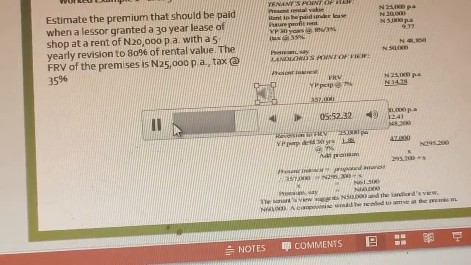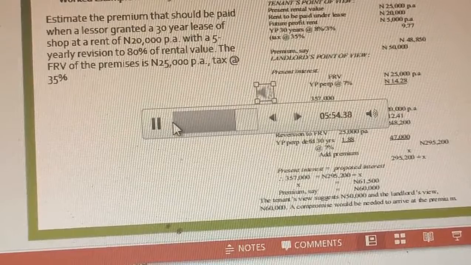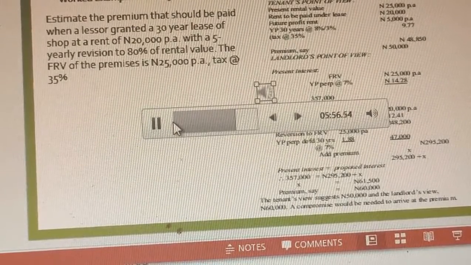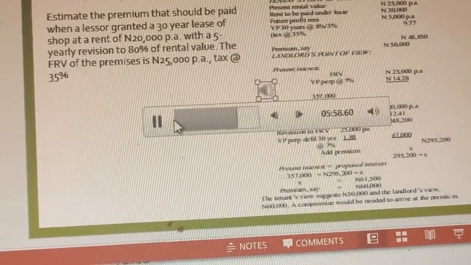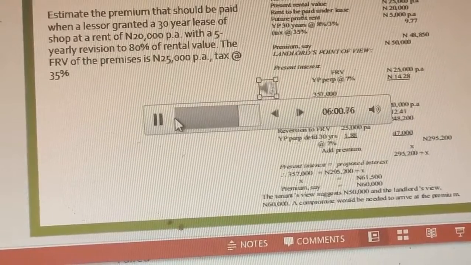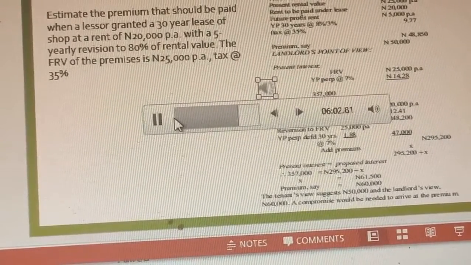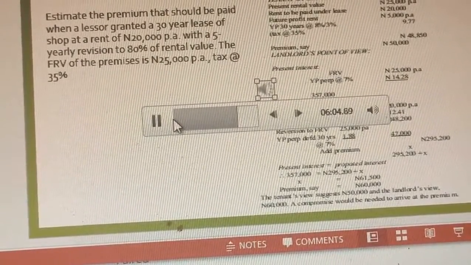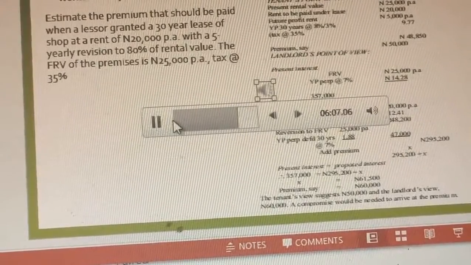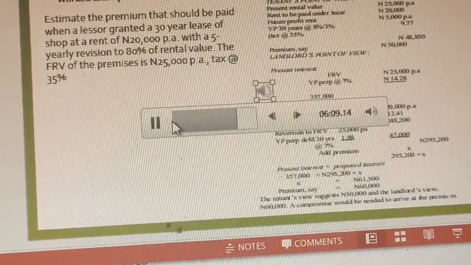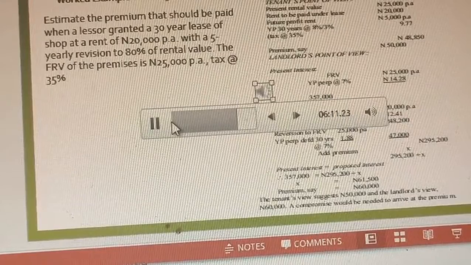Add premium, you don't know the premium. That is what you are trying to find. If you look at the question, premium has not been given to you. That's what estimates the premium. So premium will be taken as X. Now it will be 295,200 naira plus X.